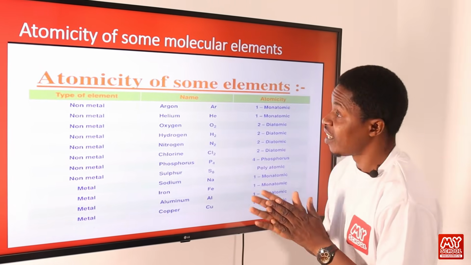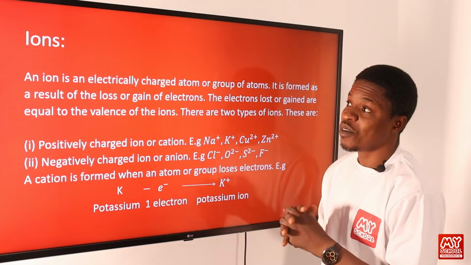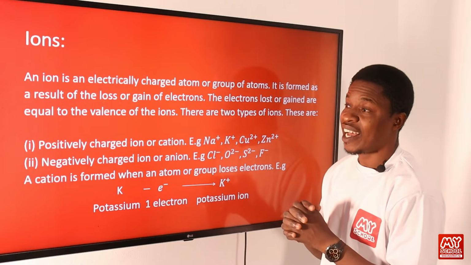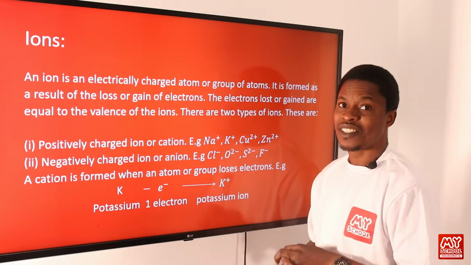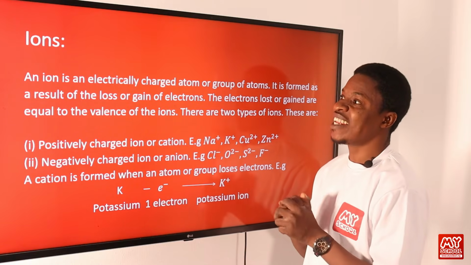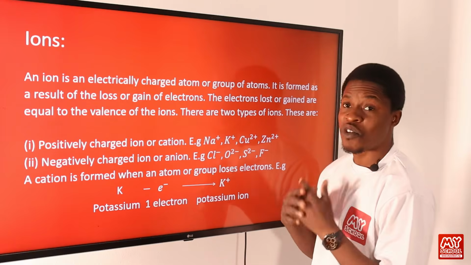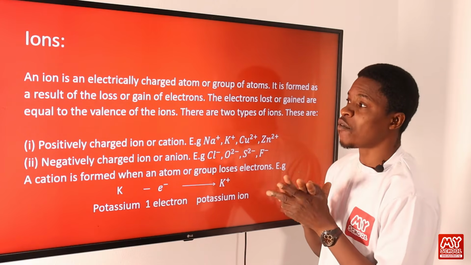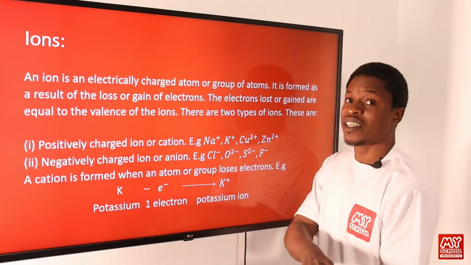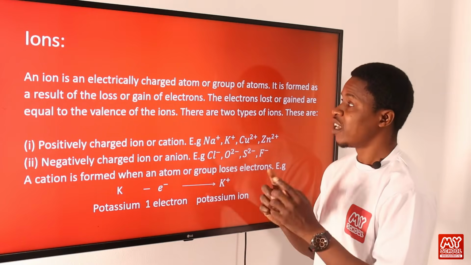Let's move on to the next slide now. The third particulate nature of matter, aside from atoms and molecules, is the ion. What is an ion? An ion is an electrically charged atom or group of atoms. It is formed as a result of either loss of electrons or gain of electrons.